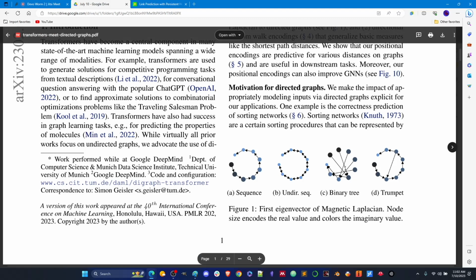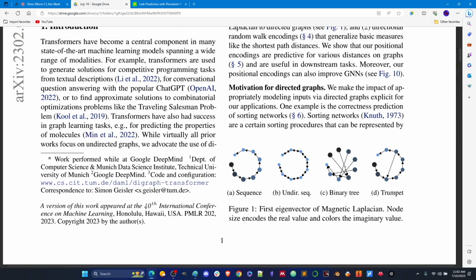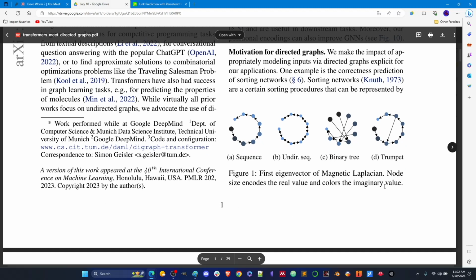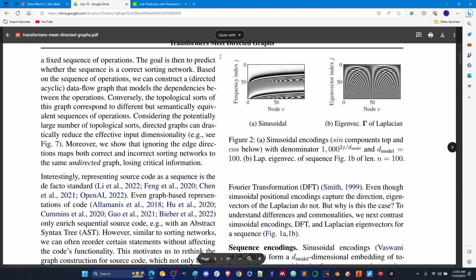A binary tree, which has splits between a single node and two different nodes. And then a trumpet, which is this thing here where you have a directed sequence, but you have a shortcut that cuts across. And so these are examples of sorting networks, but they're also this first eigenvector of the magnetic Laplacian. The goal is then to predict whether the sequence is a correct sorting network.